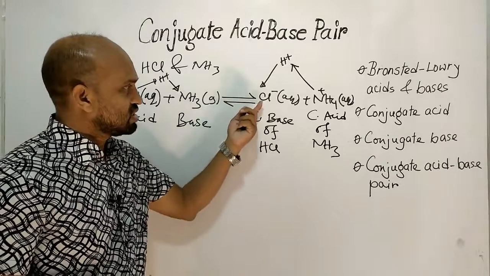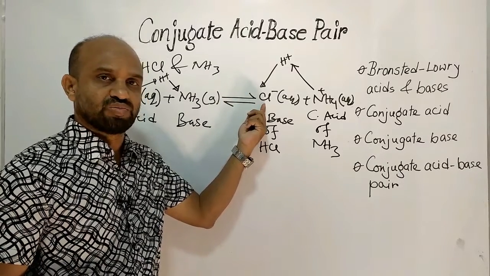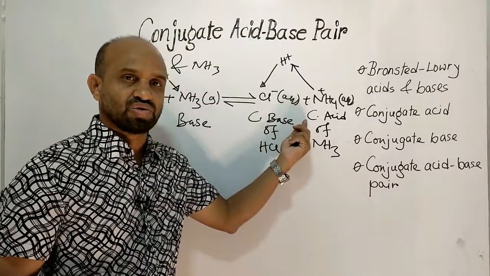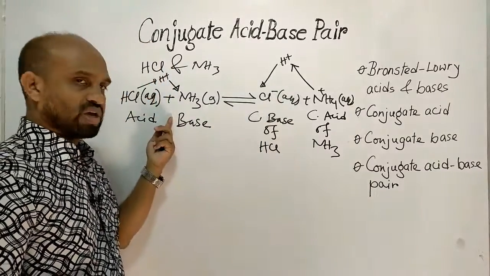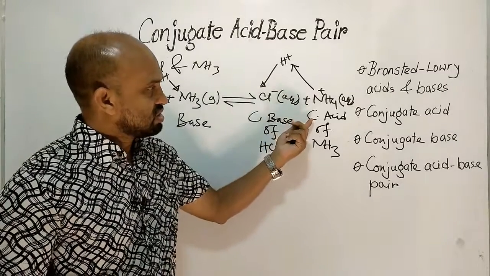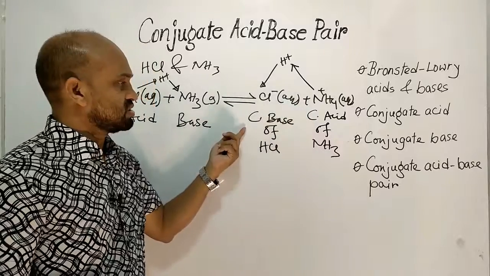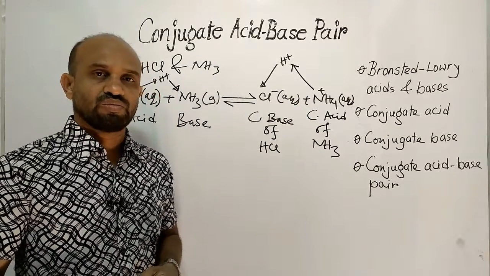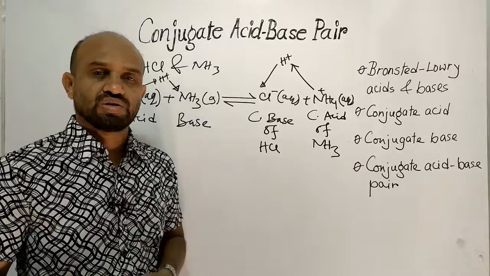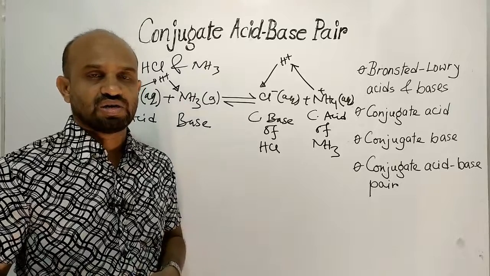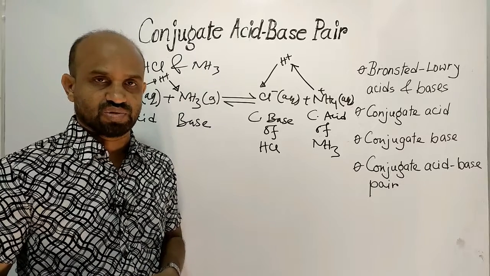That means chloride ion is the conjugate base of hydrochloric acid and ammonium ion is the conjugate acid of the base ammonia. So this is conjugate acid and this is conjugate base. Conjugate acid is formed from base and conjugate base is formed from acid after receiving and after releasing protons.